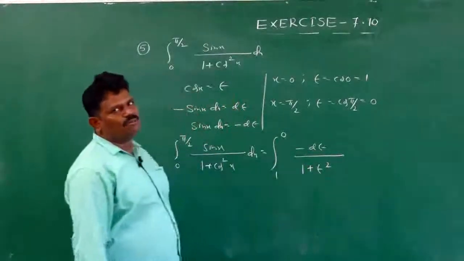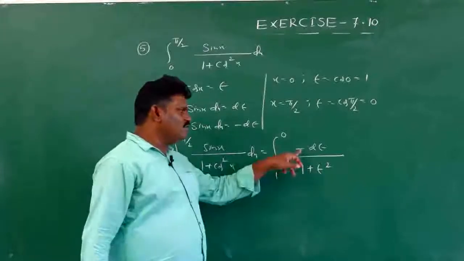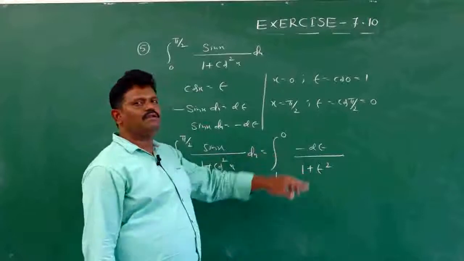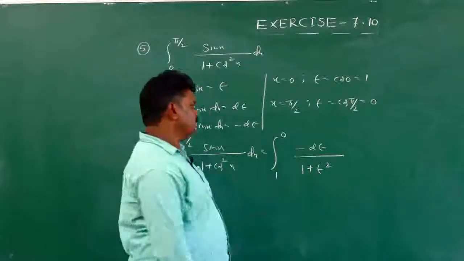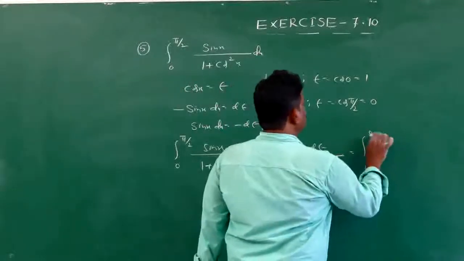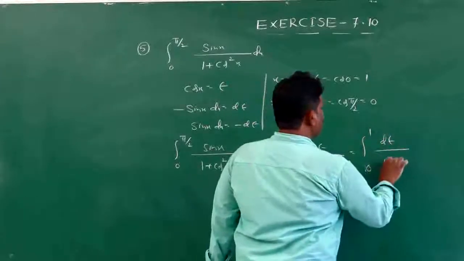One property in integrals, which we learn in the next class: whenever there is a negative sign, if you interchange the upper and lower limits, the negative becomes positive. Applying that property, 1 to 0 becomes 0 to 1.